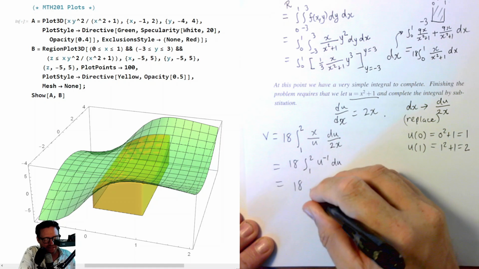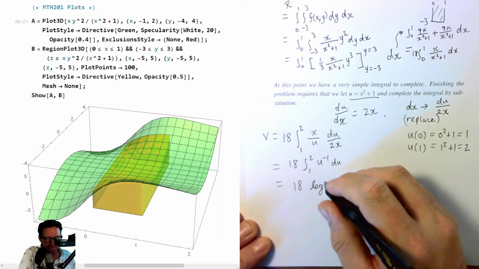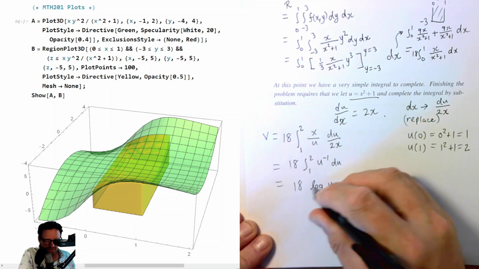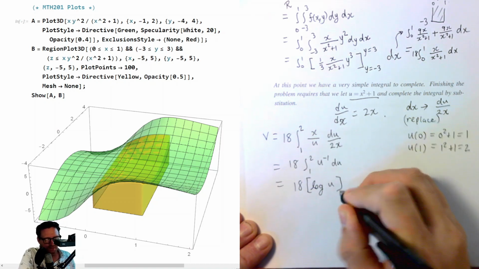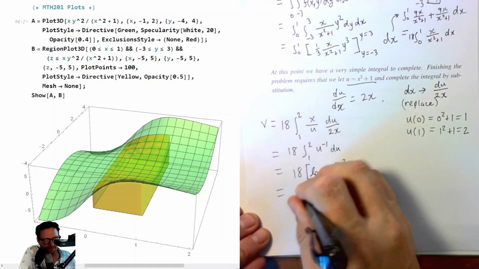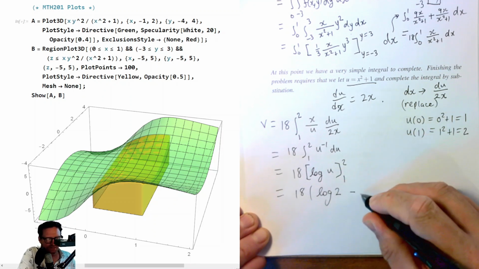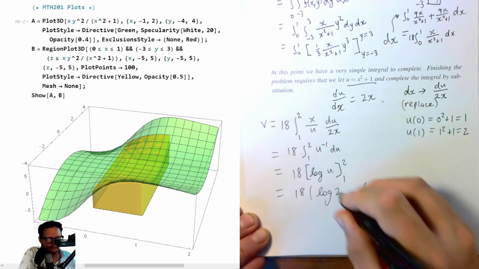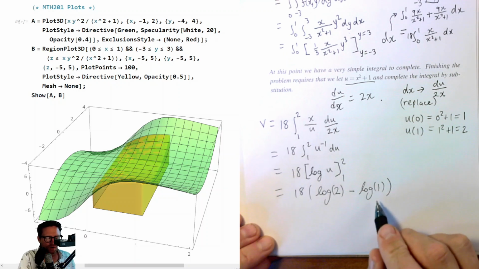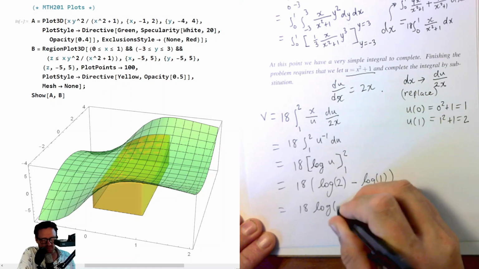So we have 18 ln, or log as I would write, because the natural logarithm is so natural, you may as well just write log. So log of u, and now u goes from 1 to 2. Okay, so subbing those values in, we have log of 2 subtract log of 1. But e to the power of 0 is 1, so log of 1 is 0. So this is just 18 natural logarithm of 2.